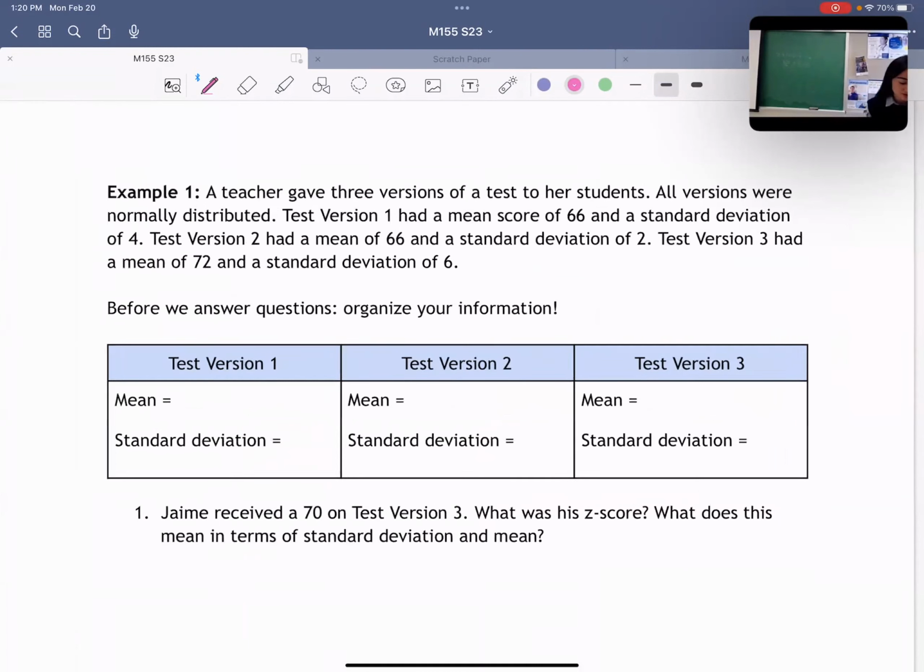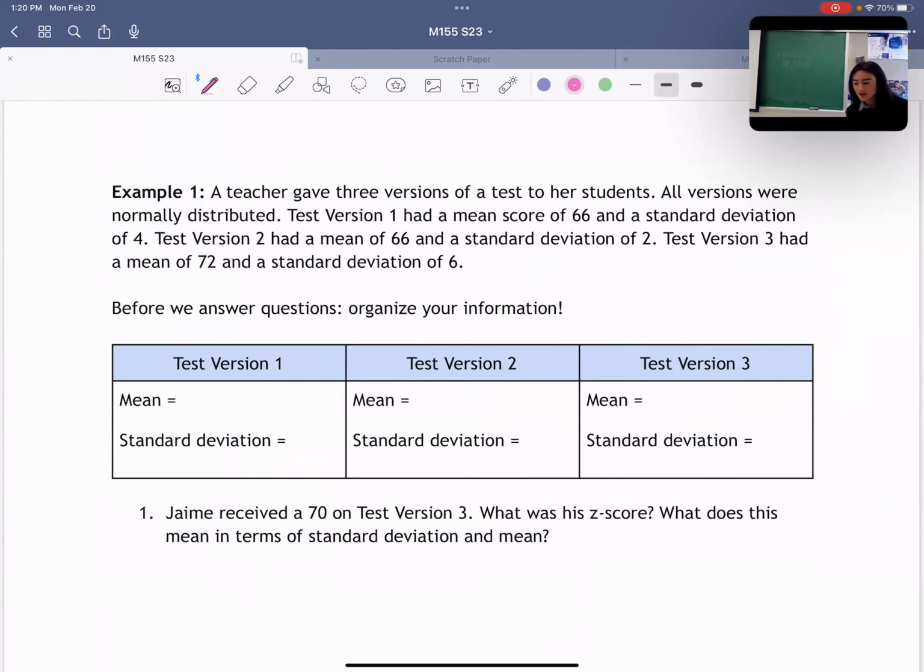All right, in this example, we have a teacher, and this teacher is giving 3 versions of a test. All the versions are normally distributed, okay? Now, since we have a lot of numbers thrown around, I have a little chart to organize our numbers in different ways so we're not looking at this big mess of numbers here.